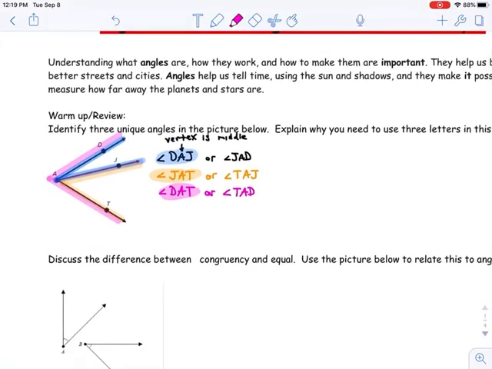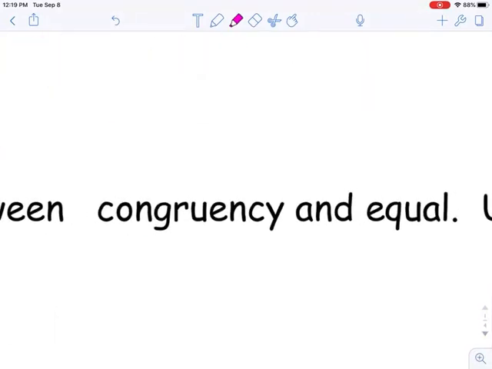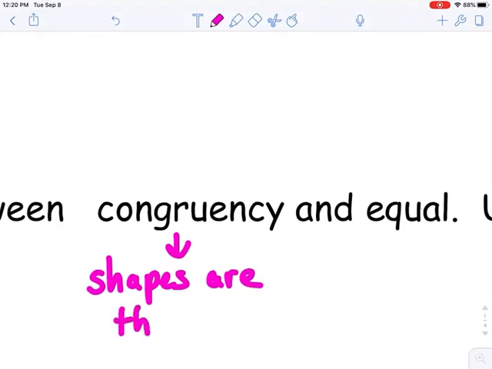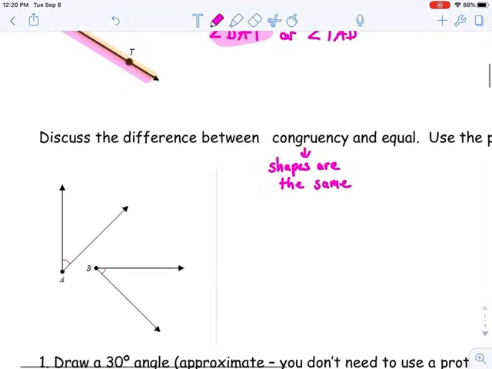So let's discuss the difference between congruent and equal. We say congruent when shapes are the same. In this particular case right here, I can use just 1 letter because there's only 1 angle floating around.